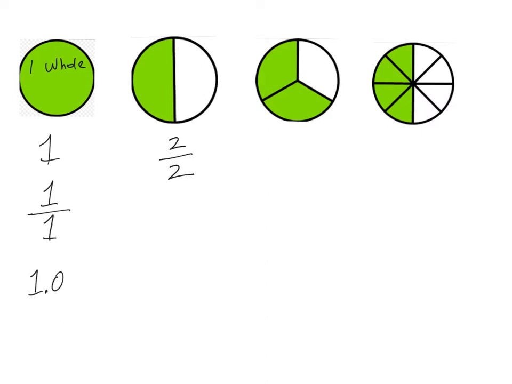So 2 out of my 2, assuming this whole thing was shaded in. Or actually, if you want to talk about just the green part, I have 1 over 2, okay? But I'm just talking about if this whole thing were green. I should have made it that way. Sorry. I'm not going to change it. We're going to move forward. Okay, so let's assume this whole thing's shaded in. This would be 2.